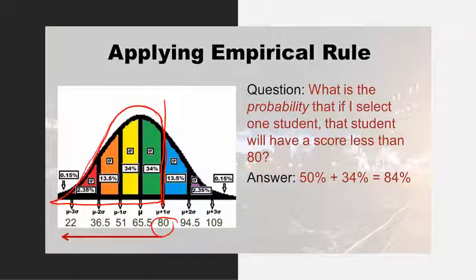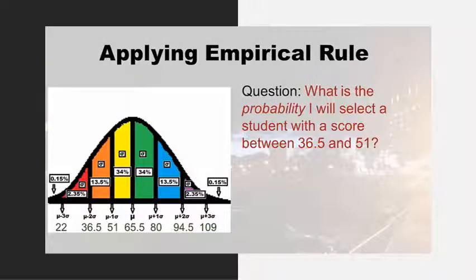That is the probability that you would get a student with a score less than 80. Remember, I told you the shortcut: you already know that 50% is this much, and this is 34, so you just add 50 and 34. But if you didn't know that, you could just add 34 plus 34 plus 13.5 plus 2.35 plus 0.15, and add up all that, and you would still get 84%.